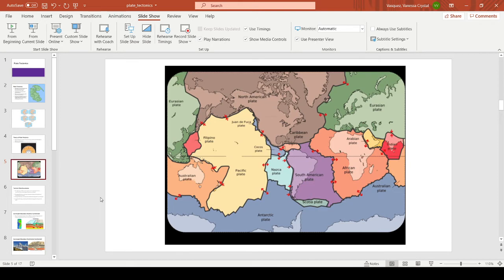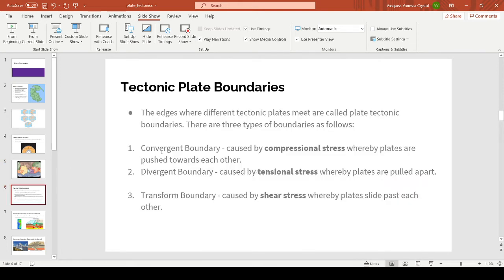And you can see the lines that are separating these plates, and these are known as plate boundaries. These lines are known as plate tectonic boundaries, and there are three types of boundaries: convergent boundary, divergent boundary, and transform boundary.